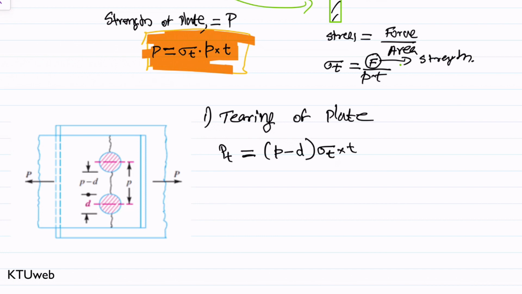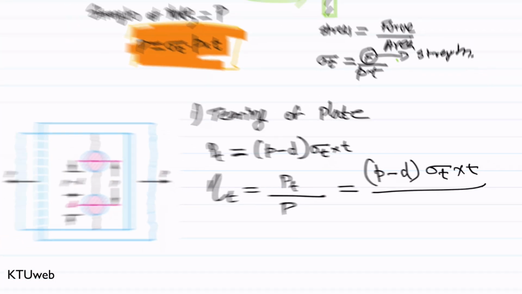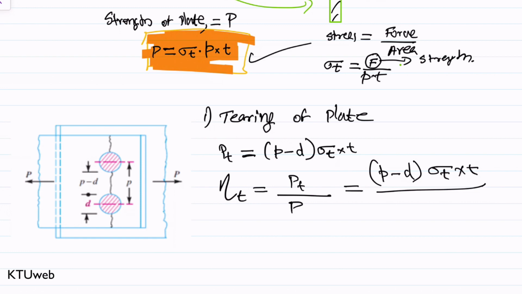Now we can calculate the tearing efficiency, eta T, which is equal to PT divided by the strength of solid plate. That means (P minus D) into sigma T into T, divided by, as we know, P is equal to sigma T into pitch P into T. We can solve this equation with a little arrangement.